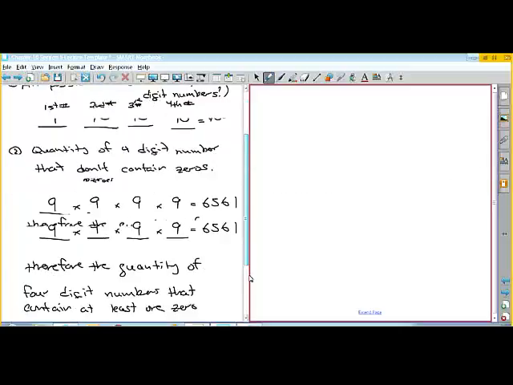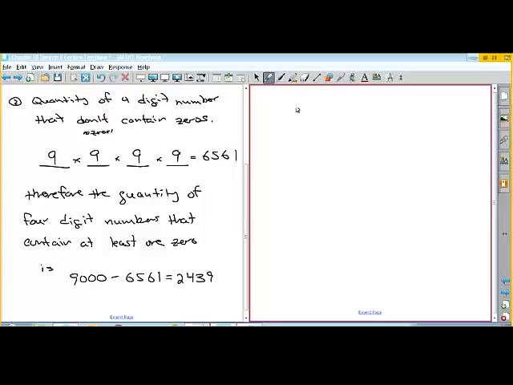This is a sidelight. We talked about this last semester about how to make subtraction into addition. So what you could do is say, okay, if I add 2,000 to 6,561, I'll be up to 8,561. Then if I add 400 to that, I'll get to 8,961.